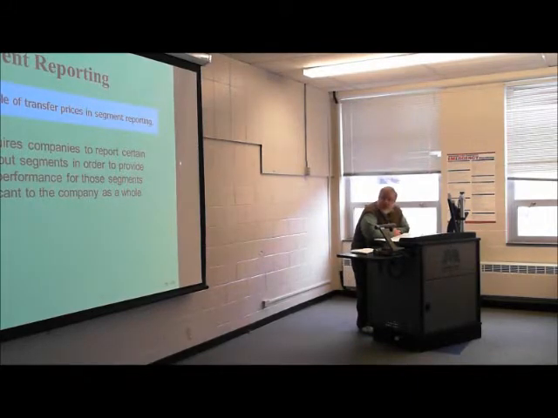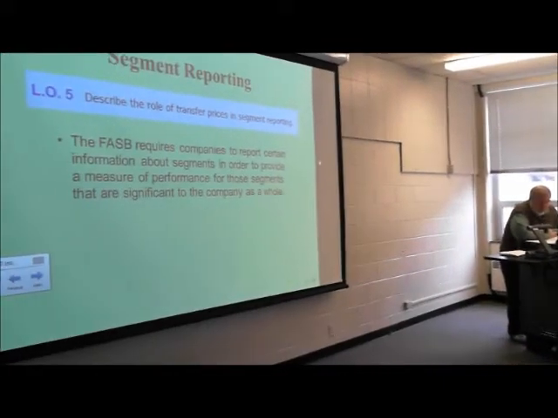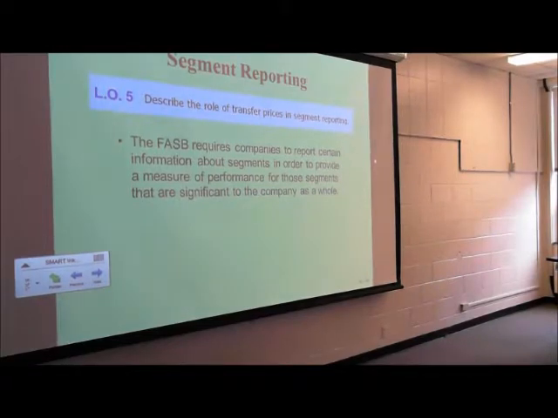Basically, what you do have to give is segment revenue from both internal and external customers. You give the interest revenue and expense, segment operating profit. In essence, you give a segment income statement. That's what most firms will do. Your identifiable assets of that segment, your depreciation, your capital expenditures.